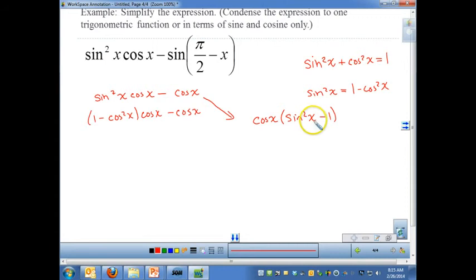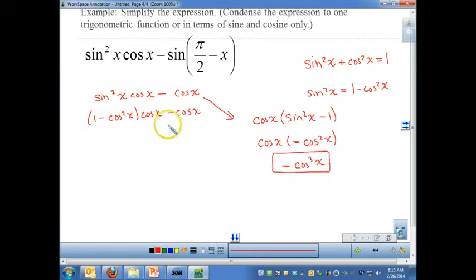So I could replace it there, or I could work through it this way. I feel like this is going to be an easier solution. Not that this is incorrect, but I just feel like this is simpler. So the cosine of x, sine squared of x minus 1, okay, that would be negative, and don't forget the negative, that is important, cosine squared of x, and if I have cosine times cosine squared, that's going to be a negative cosine cubed of x.